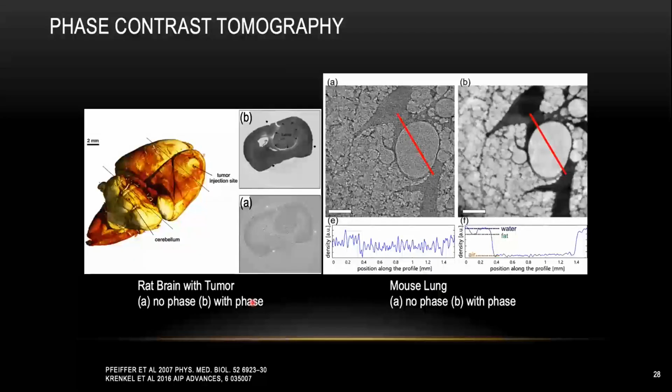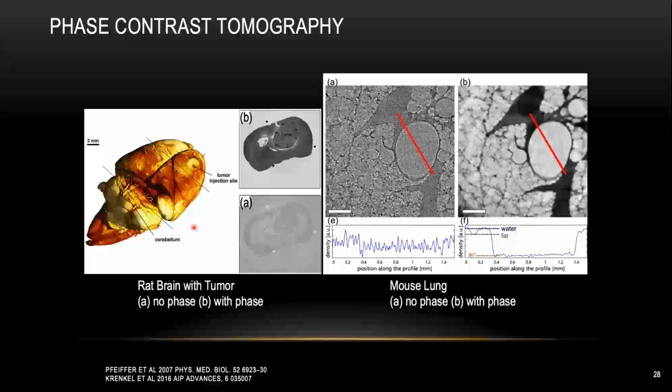Here are two more pictures from two different papers. The picture on the left is phase contrast imaging of a mouse brain. This data was taken at the European synchrotron in France. The phase contrast imaging for this research was done using the gradient.